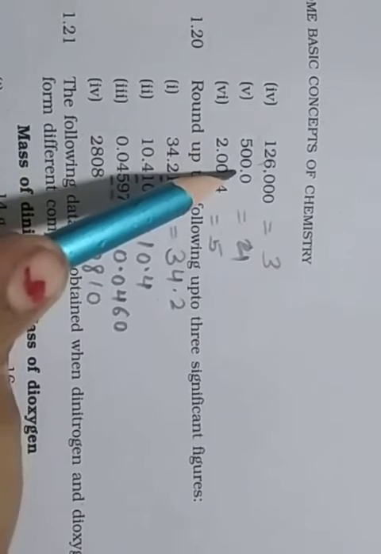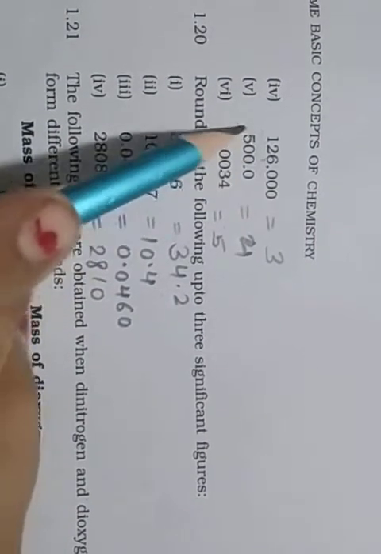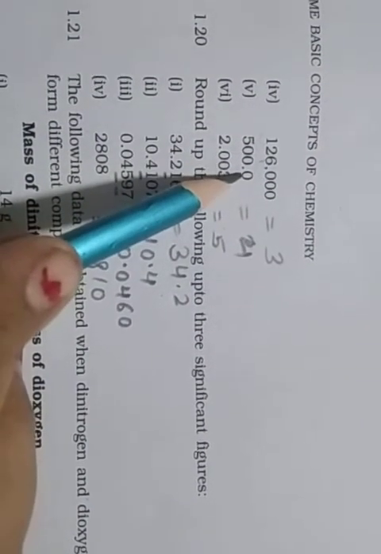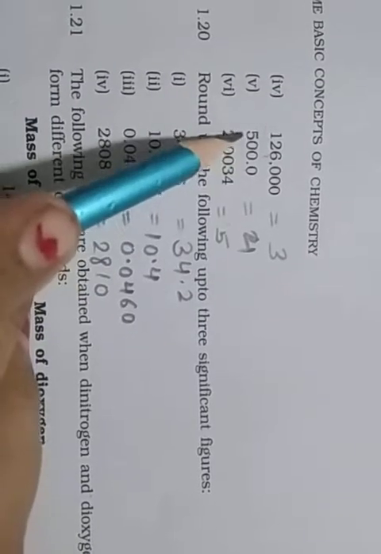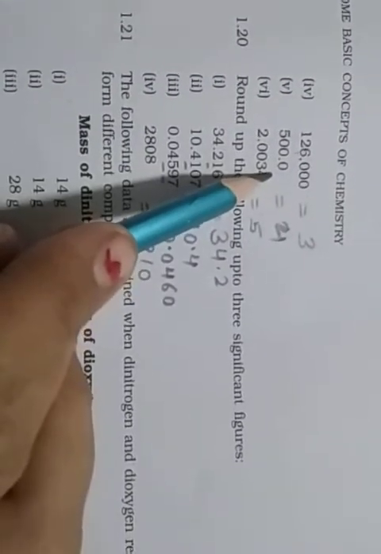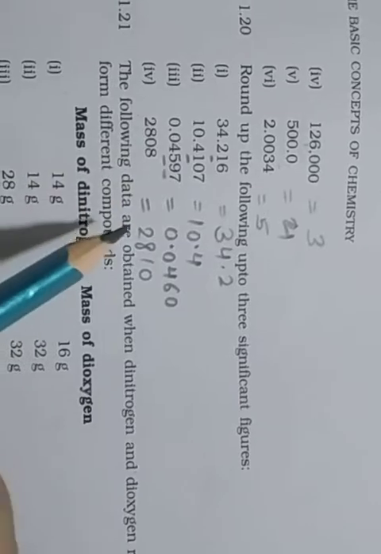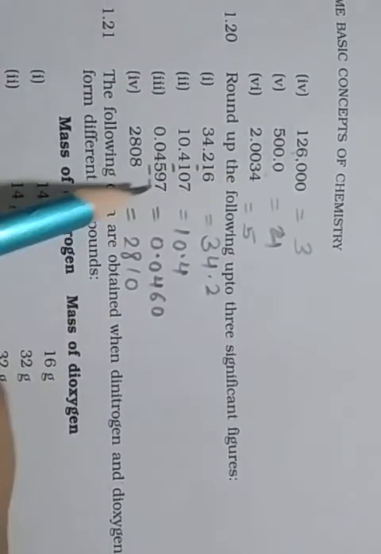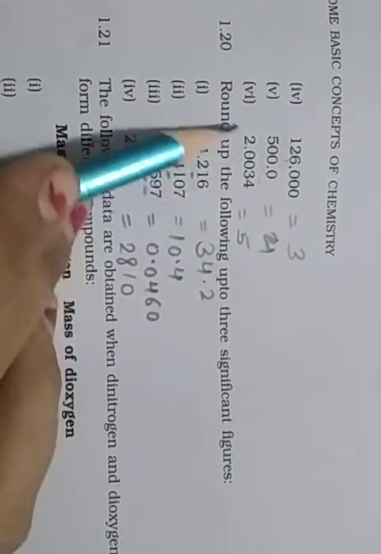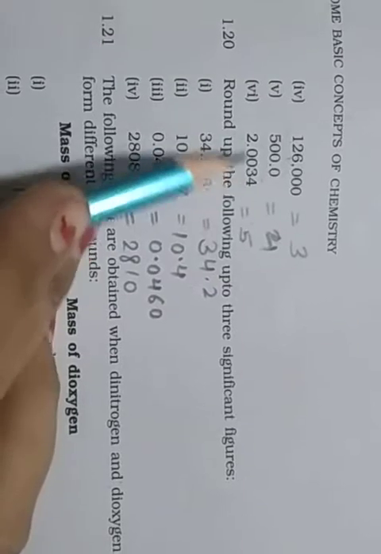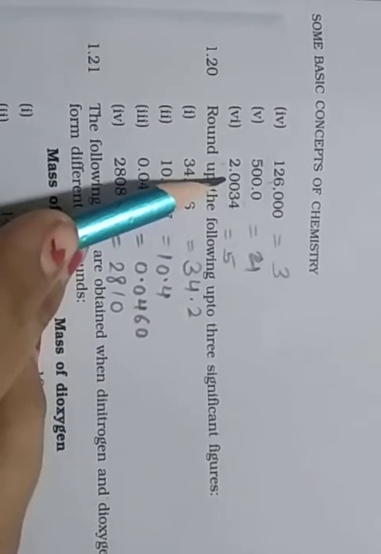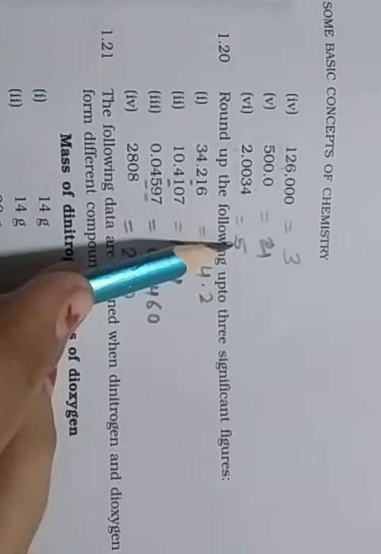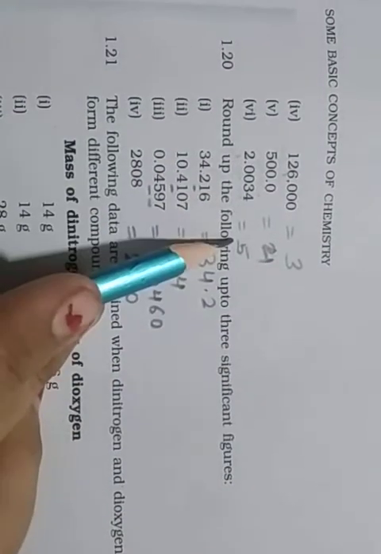Then 500.0, the 0 after the decimal counts, 1, 2, 3 and 4. Then 2.0034, the 0 between the values counts, so 1, 2, 3, 4, 5, total 5 significant figures.